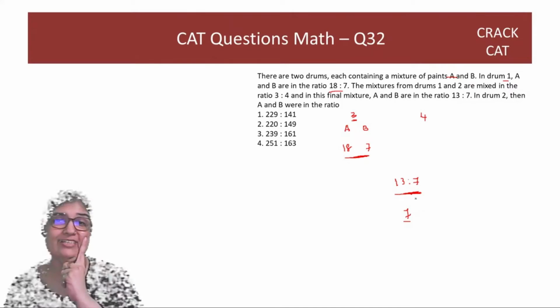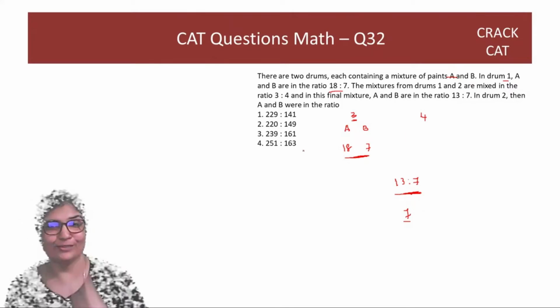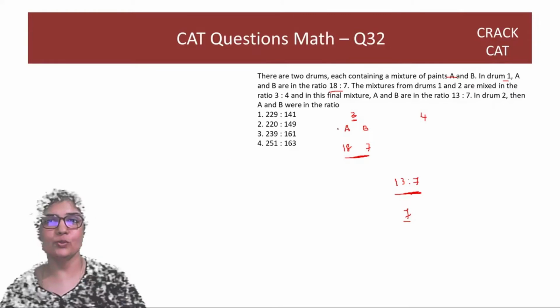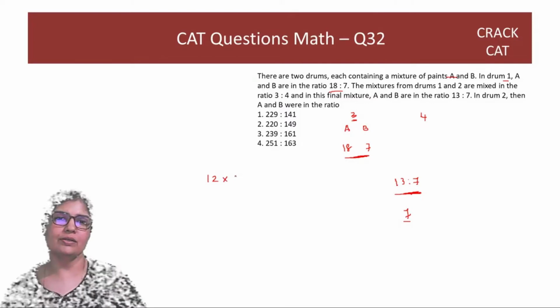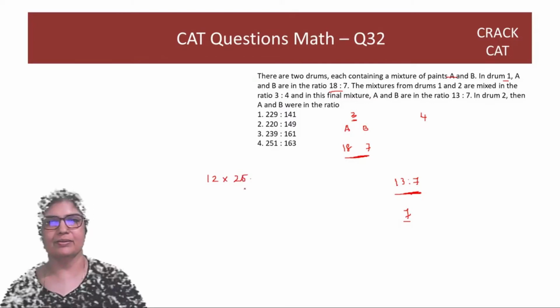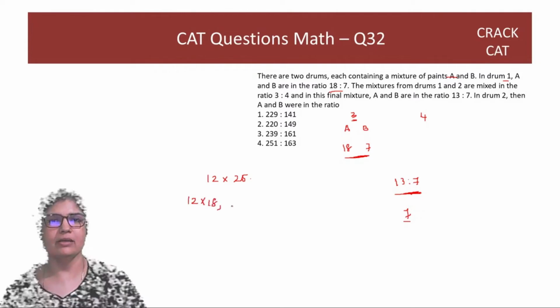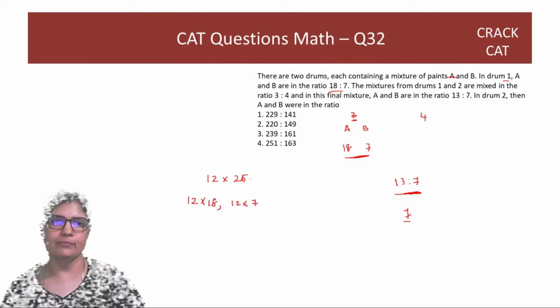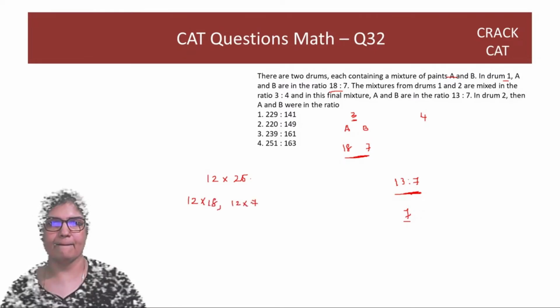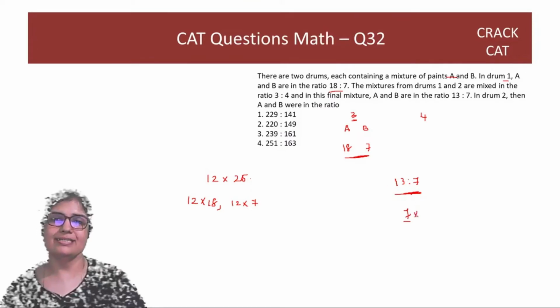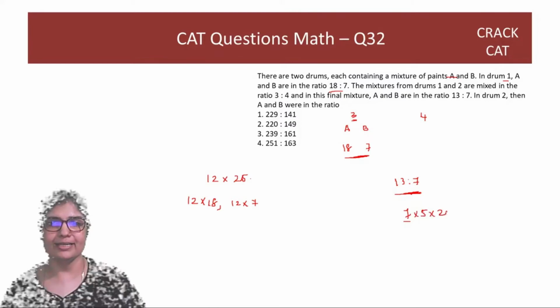So I need to put an extra 5 here and an extra 4 here. So let us say we take the units here as 12 into 25, out of which 12 into 18 will be A and 12 into 7 will be B. Here we will now take 7 into 5 into 20 as the total.